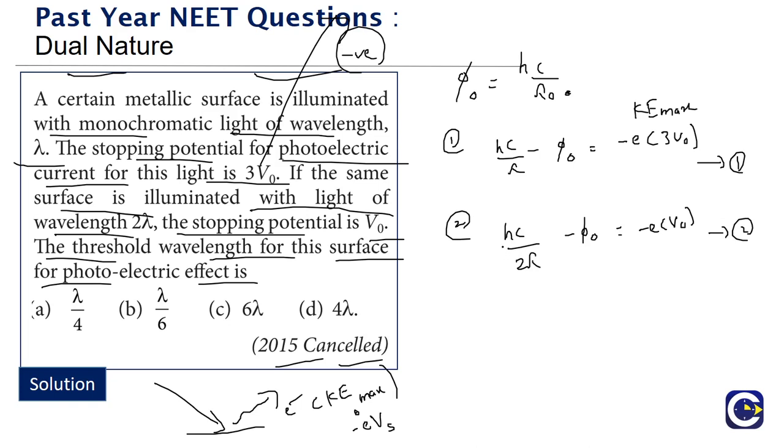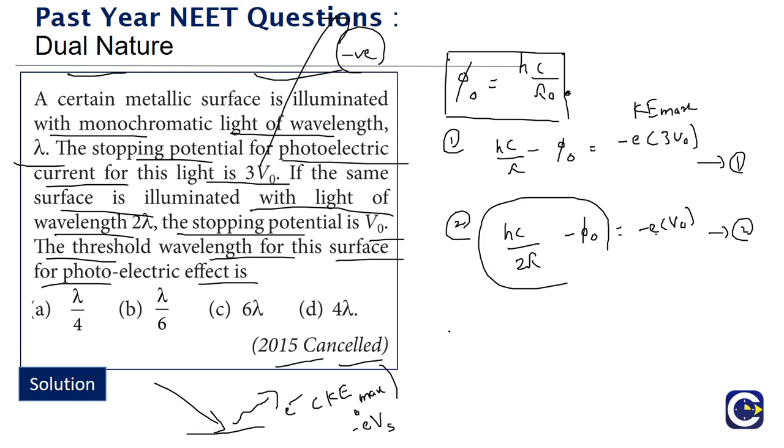Now from this, we have to find the threshold wavelength, that is lambda naught. If we get the work function, we will know the threshold wavelength. So how do we do it? From equation 2, minus e into V0 is this value. Substitute this in the first equation.